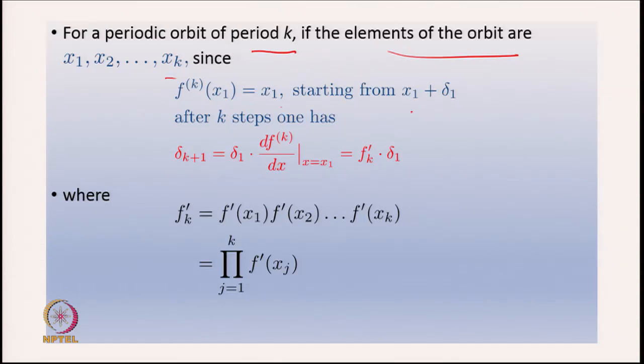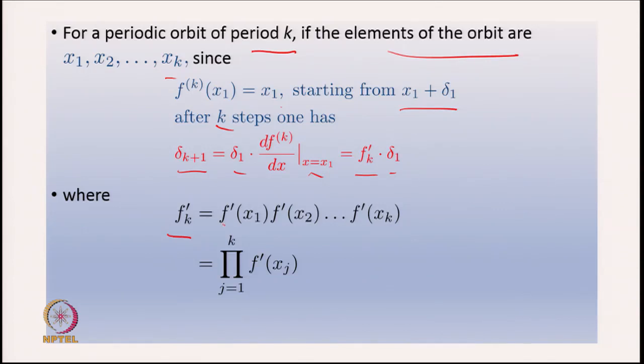So, if we start with the point x 1 plus delta 1, after k steps one has delta k plus 1 equal to delta 1 plus the derivative of f k with respect to x evaluated at this point, which is just the same as f prime of k at delta 1 times delta 1.